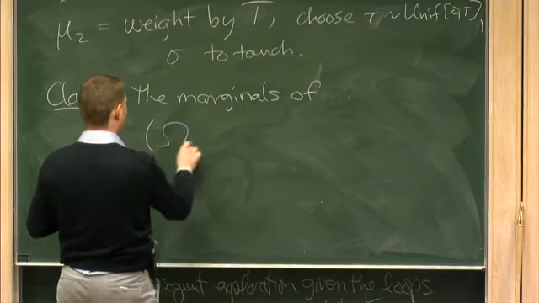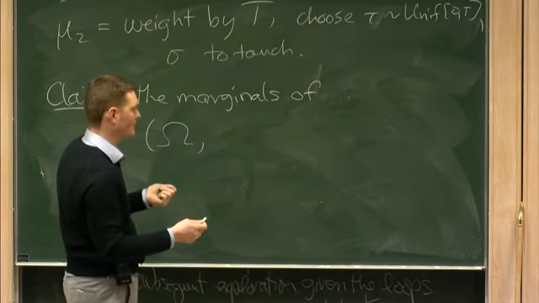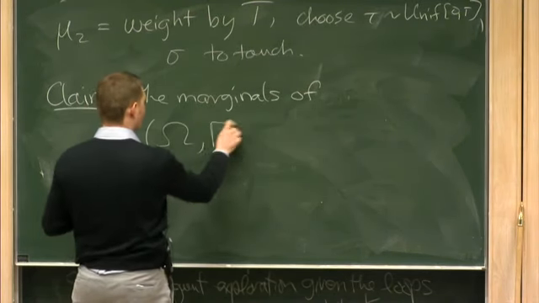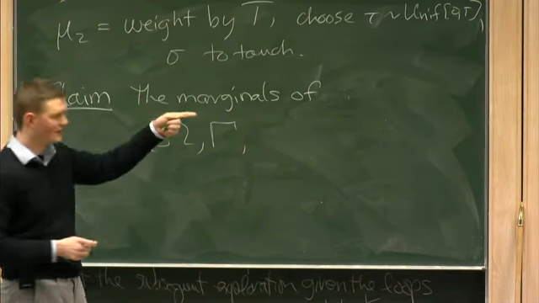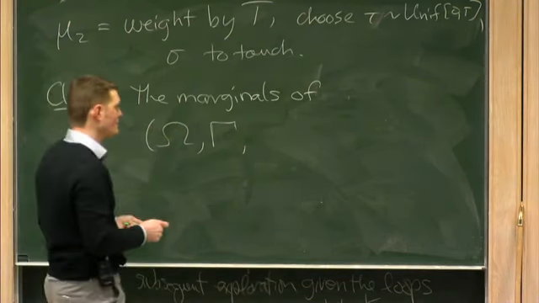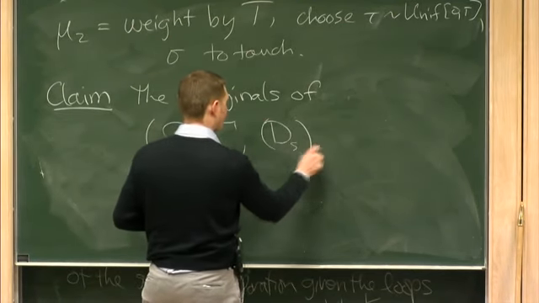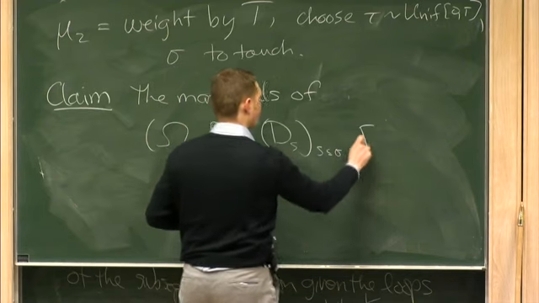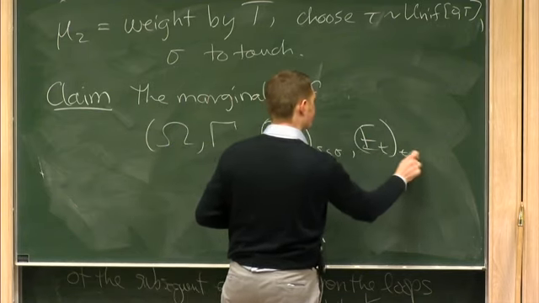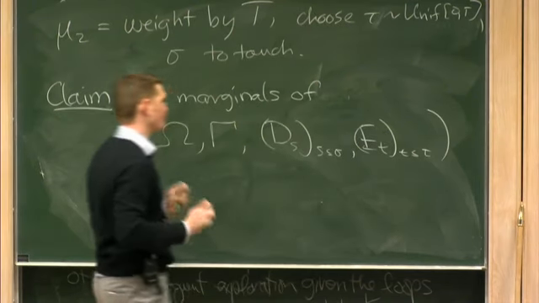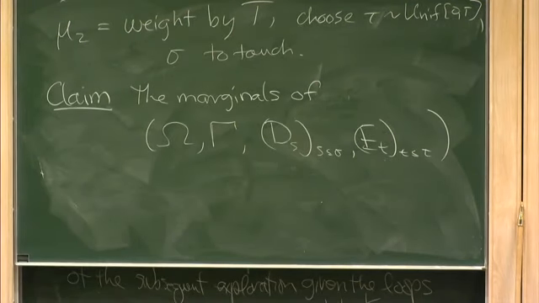So I'm going to write capital omega for the whole annular domain. And then I'm going to write gamma for the CLE loops on the inside. And then I just want to look at these explorations up until they hit. You don't get to see anything more than that.